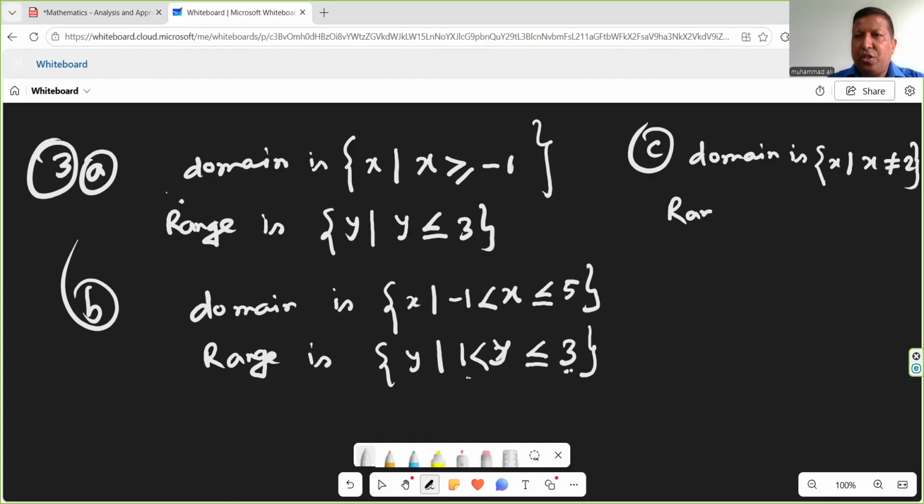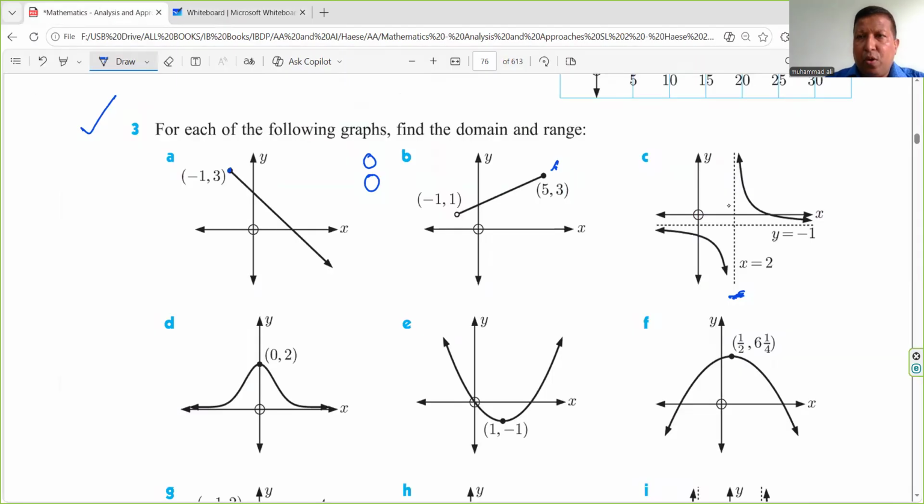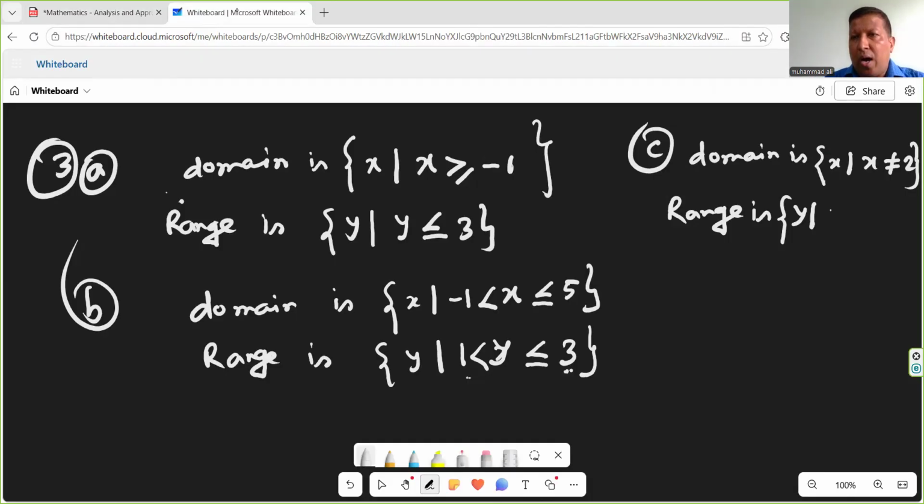And the range is y such that, if you observe, we can take all y values, but y equals -1 is the asymptotic line. So y is not equal to -1.